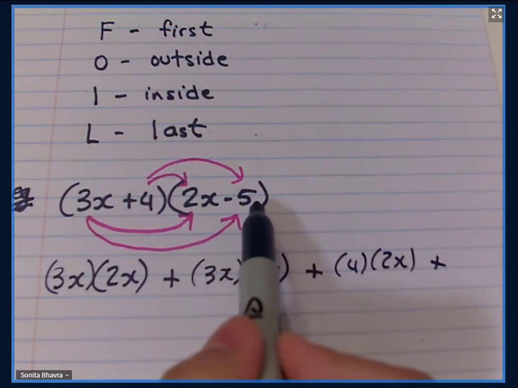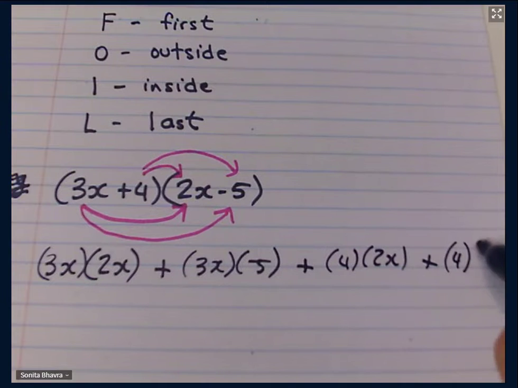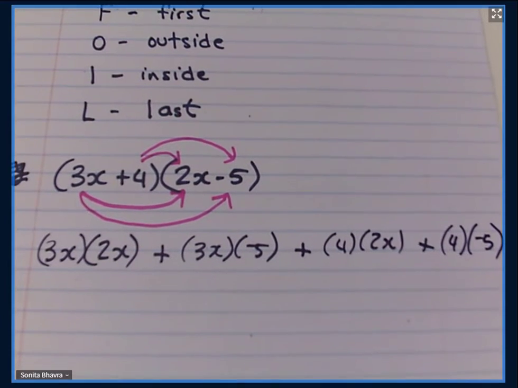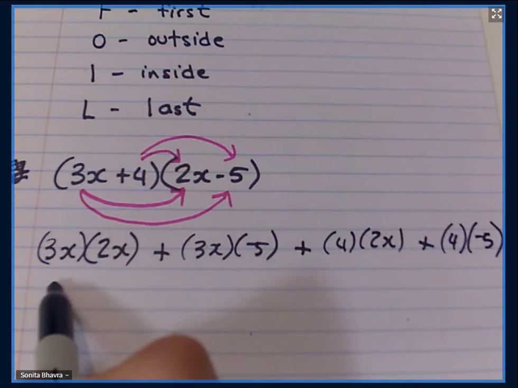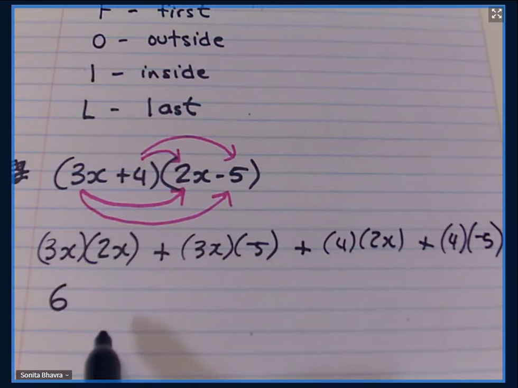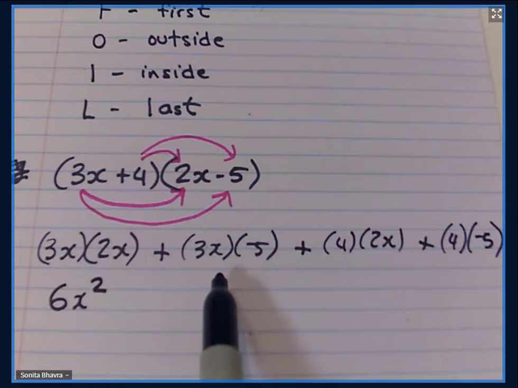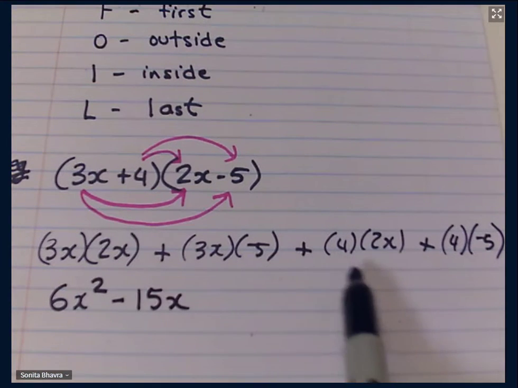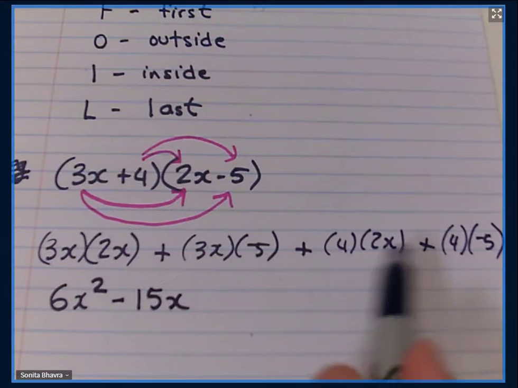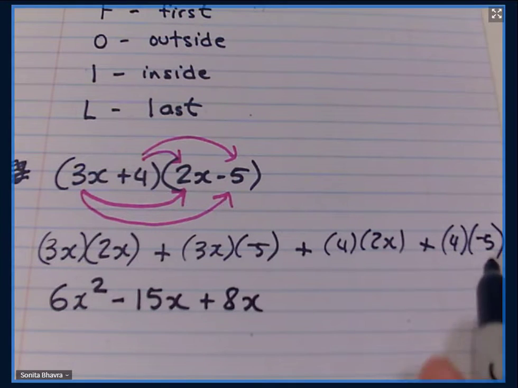And lastly, it was 4 times negative 5. All right, so let's just multiply this out now. So 3x times 2x, so 3 times 2 is 6. X times x is x squared. 3x times negative 5 is negative 15x. 4 times 2x is 8x plus 8x. And then 4 times negative 5 is negative 20.